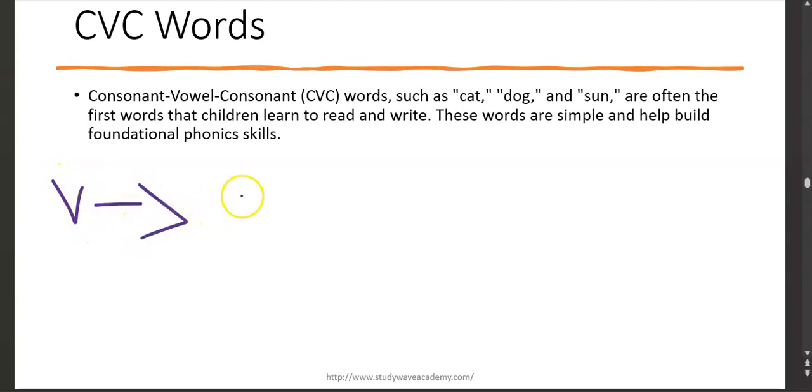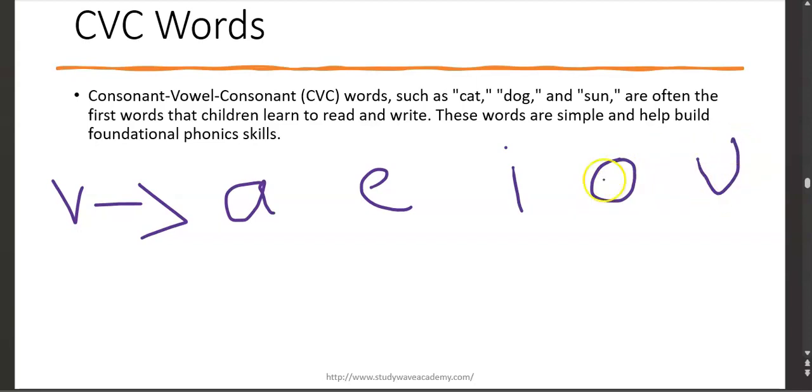Before you even write them, you can think of any vowels that we know. So we have A, E, I, O, and U. A, E, I, O, U. So these are the 5 vowels.